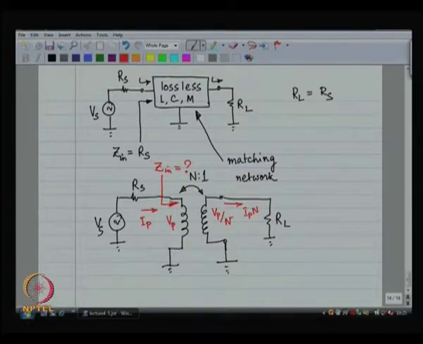So, the power delivered to the transformer on the primary side is I p times V p. The transformer does not consume any power, it delivers all the power to the load. So, the power delivered to the load is V p by N times I p times N, which is again V p times I p. All right. So, that is how it works.